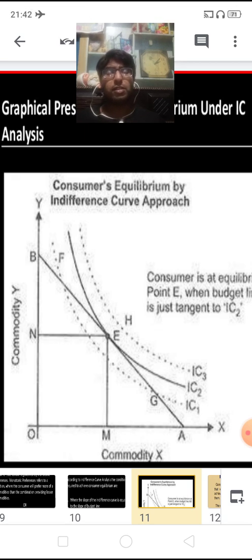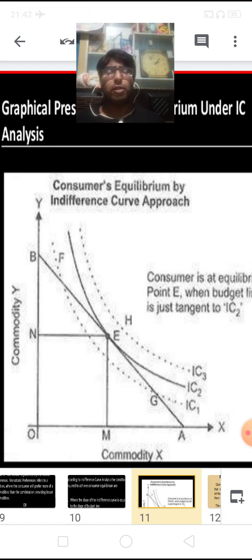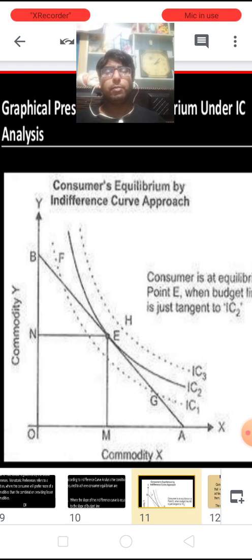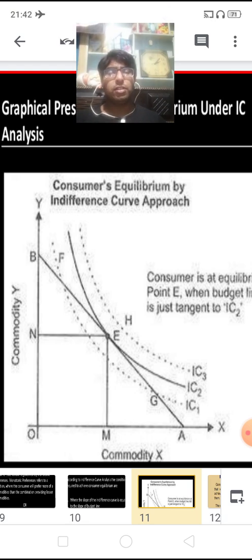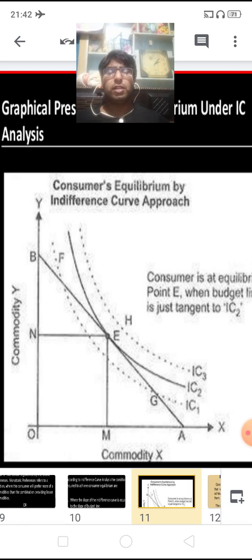This is satisfied at point E also, at point F also, and at point G also. And at the equilibrium point, the indifference curve is tangent to the highest combination of budget line. So children, just see, F, E, and G lie on the budget line, whereas F and G lie on indifference curve 1, and E lies on indifference curve 2.